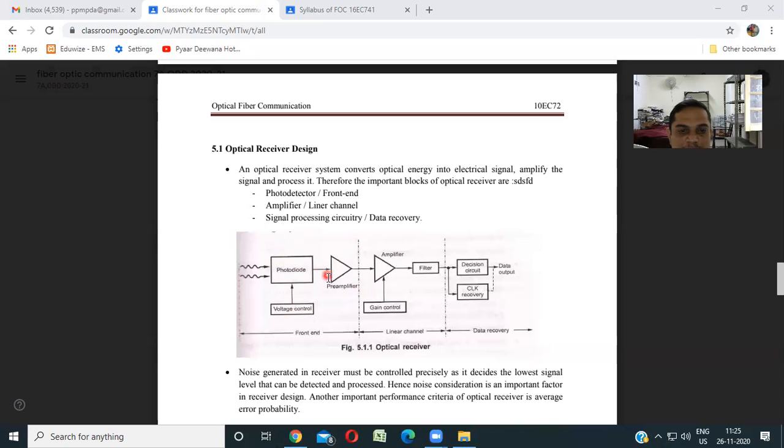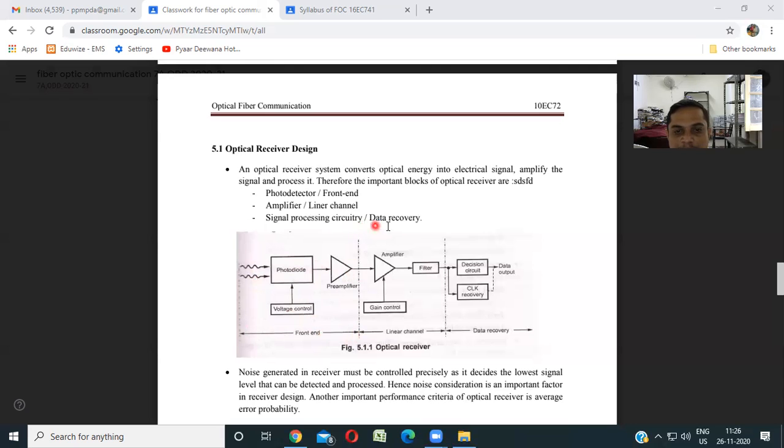Then we have the pre-amplifier to amplify the weak signal which is generated. At the output of the photodiode we have the electrical signal, so the optical signal is converted into electrical signal, which is very weak in strength. So we amplify it here, and the amplifier is called a pre-amplifier. These blocks, photodiode, preamplifier, voltage control, and the conversion of optics into electrical, are called the front end.